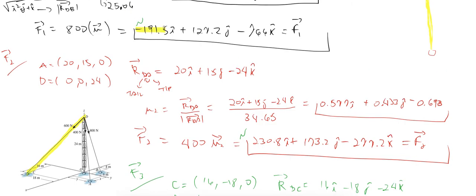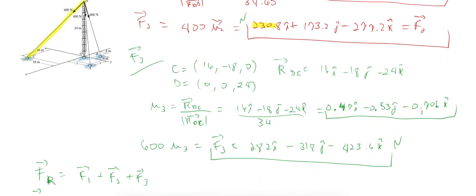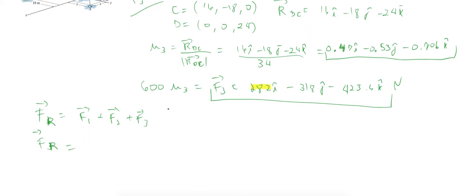This right here plus 230, which is this right here, plus 282. Boom. Change colors one more time. 321.3 in the I.